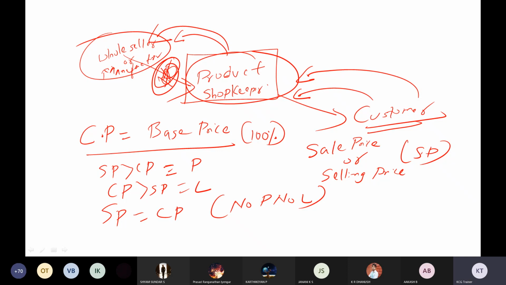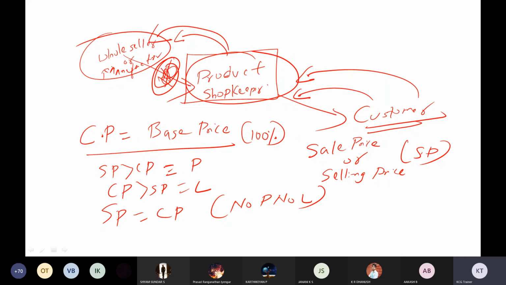These are a few basic things. If the selling price is more than 100%, there is a profit. If the selling price is less than the cost price, it will be a loss. So there are such kinds of situations.